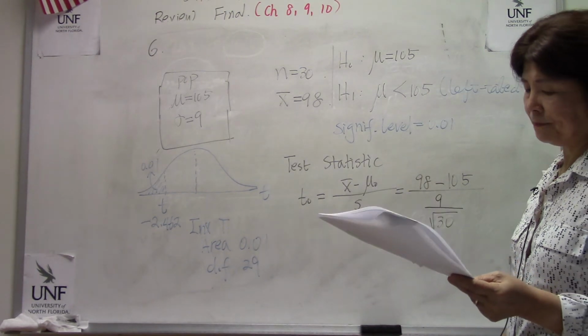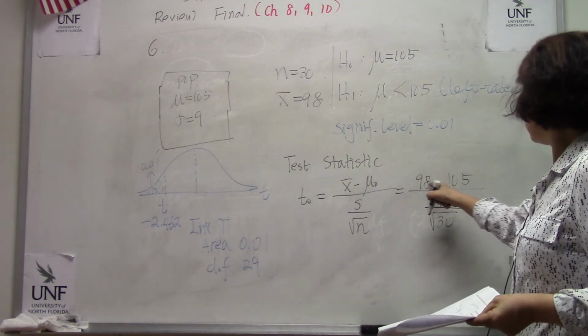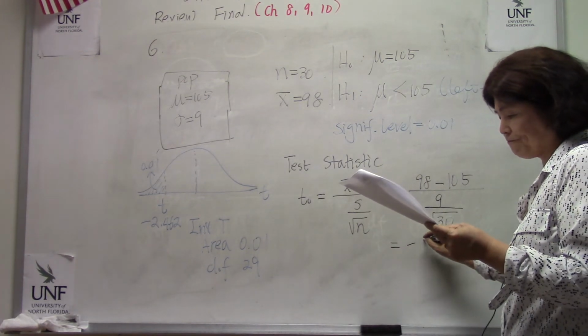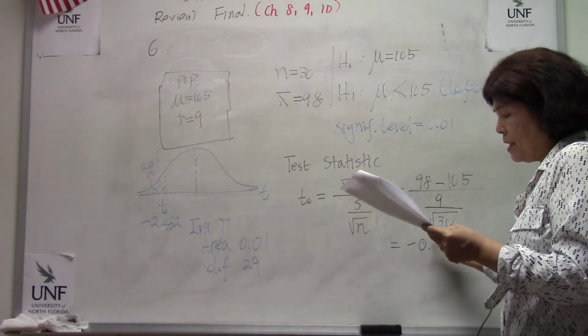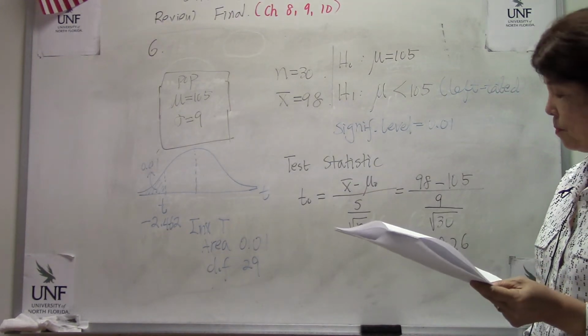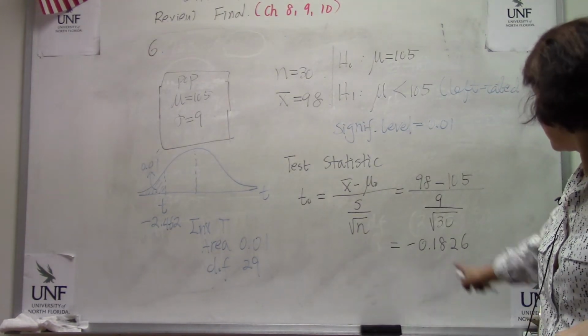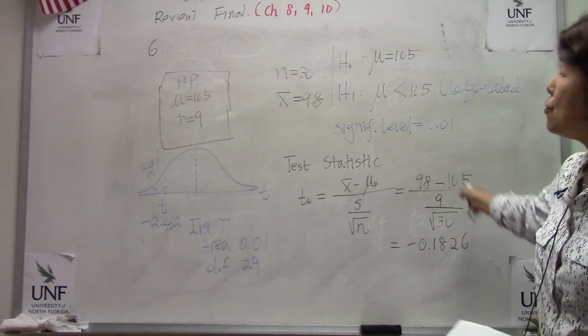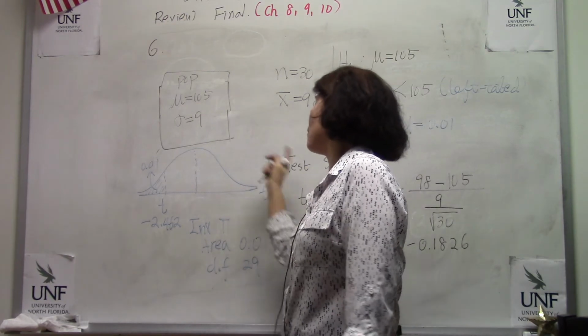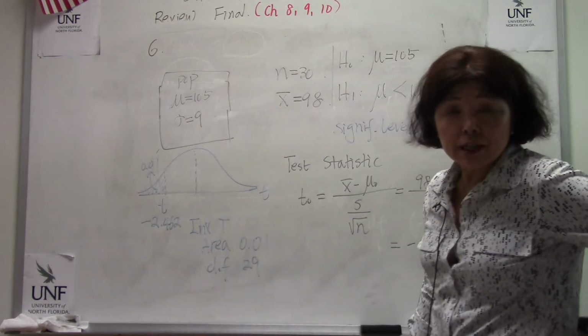So what is that? Once you calculate, as you see, it's going to be a negative number. It is negative 0.1826. So you are going to locate that in here and then see if this number falls in this critical region.